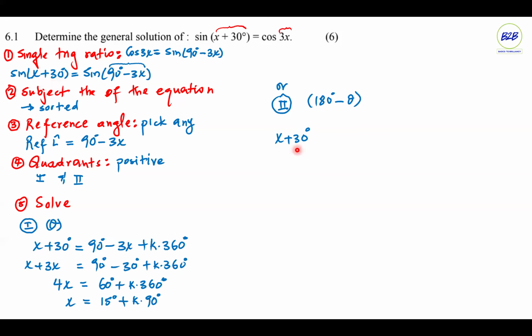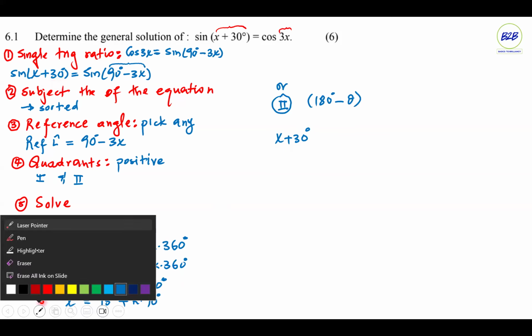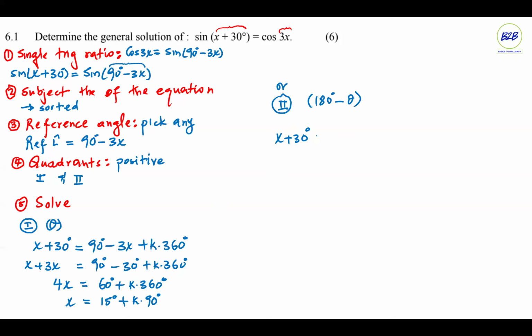That is the angle that we're going to place over there. The angle that we did not pick as a reference angle. x plus 30 degrees equals 180 degrees minus, what is theta, which is the reference angle, 90 degrees minus 3x, plus k times 360 degrees.